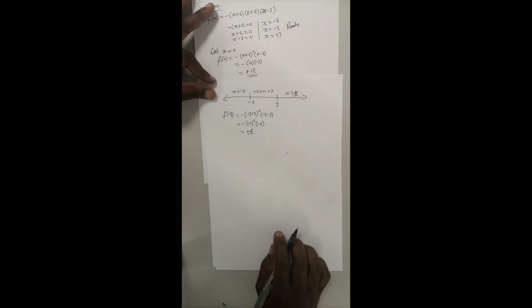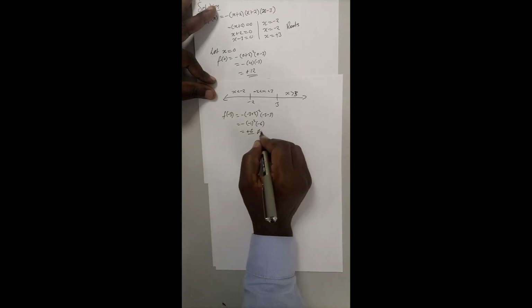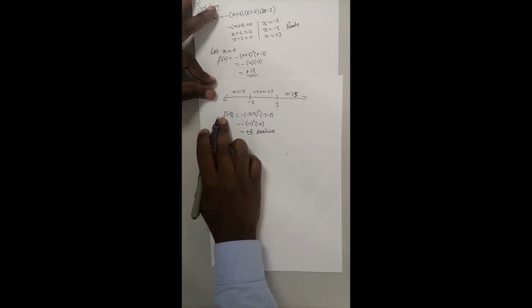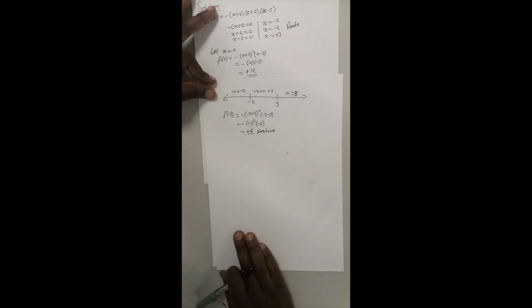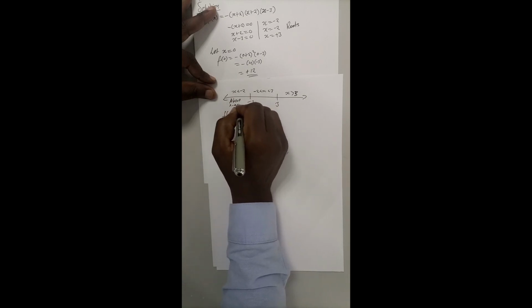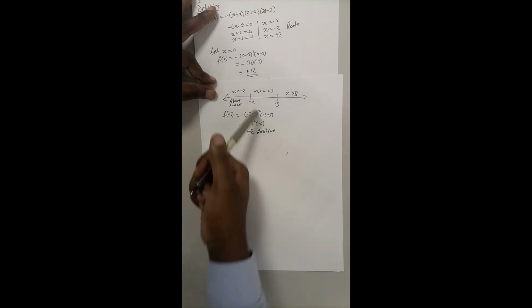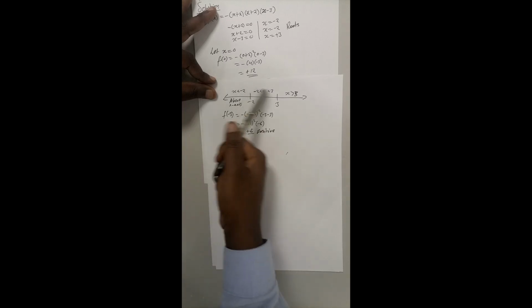You find positive 6, which means the graph is positive. The value of the function is positive for values of x less than -2. So the graph passes above the x-axis.